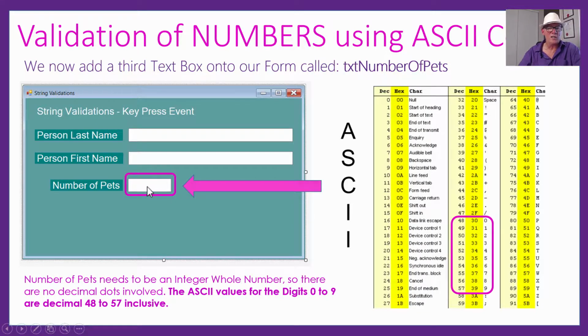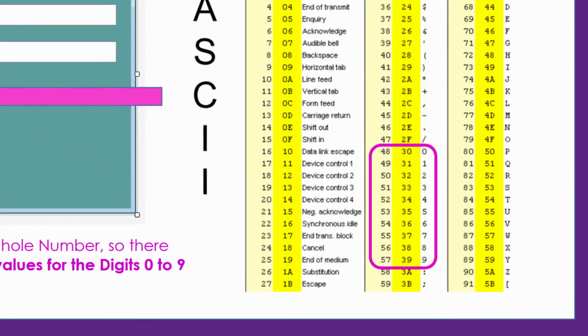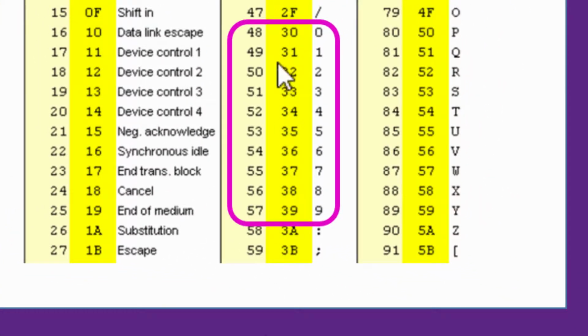How we check this with ASCII codes and key press is that when we look at our ASCII values for numbers, if we want to check if it's a digit like 0, 1, 2, 3, 4, 5, 6, 7, 8, 9, you just need to use the numbers 48 through 57, okay? So we can check if it's less than 48, any of these characters, they're all bad. They're not numbers.